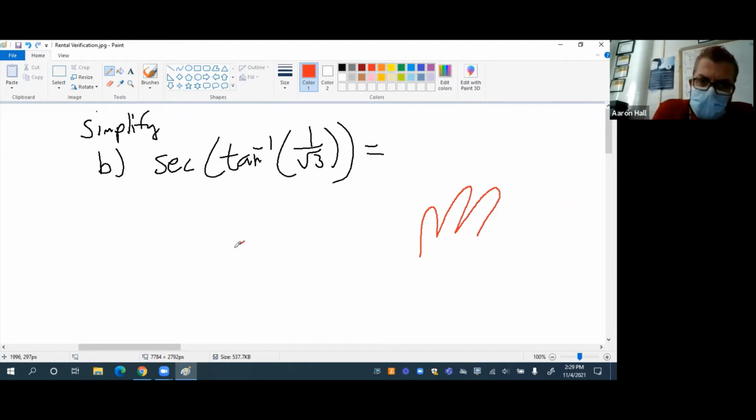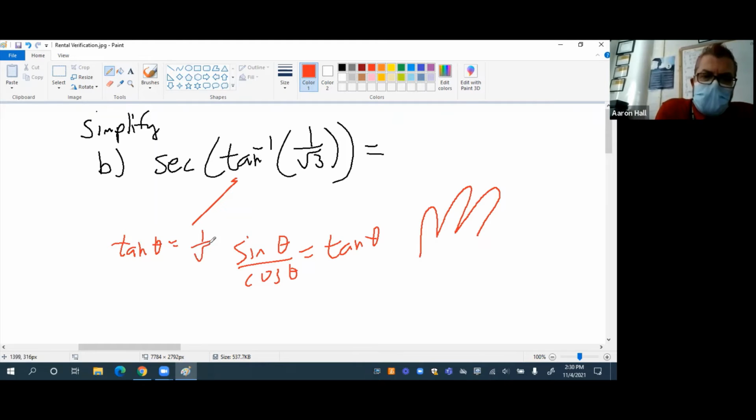And we do know that sine of theta over cosine of theta is going to give us our tangent of theta. Now, this is really tangent of theta equals 1 over the square root of 3. So I want to know which of these fingers I'm going to put down.